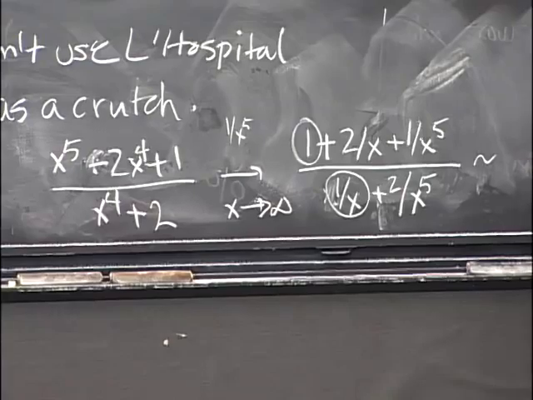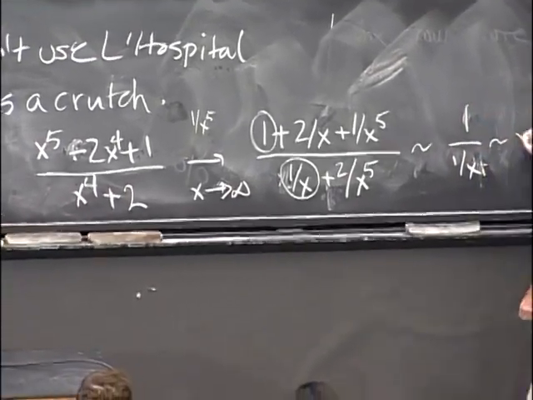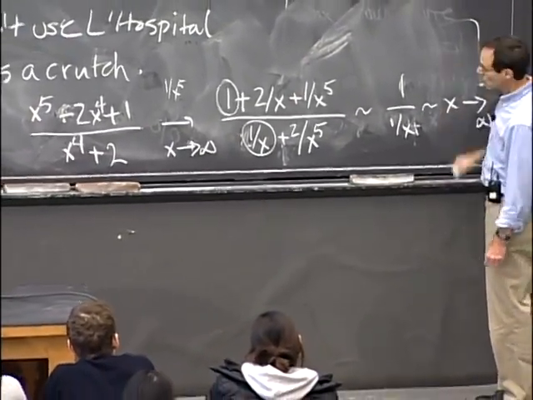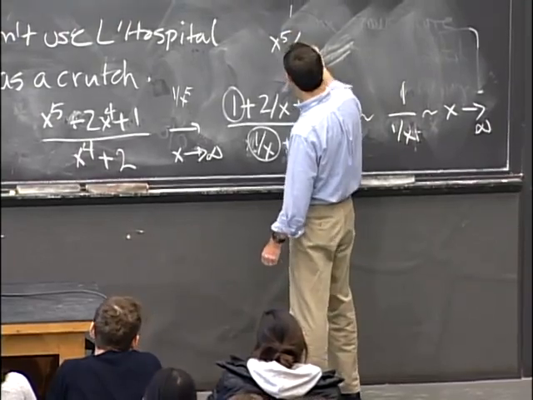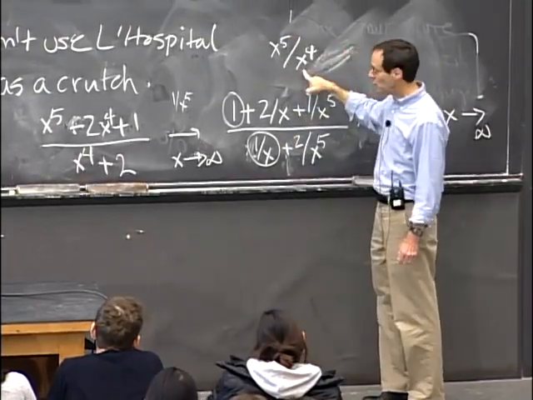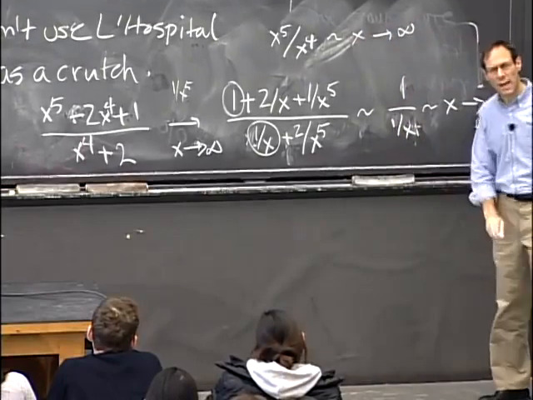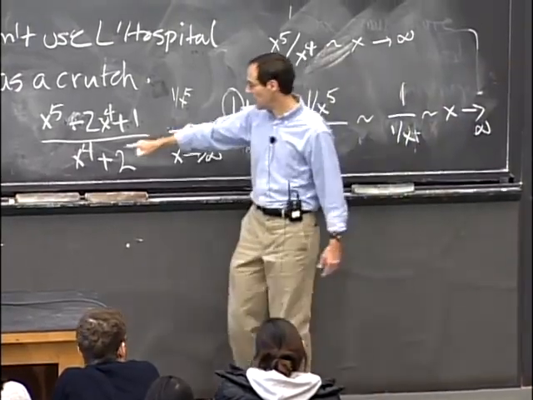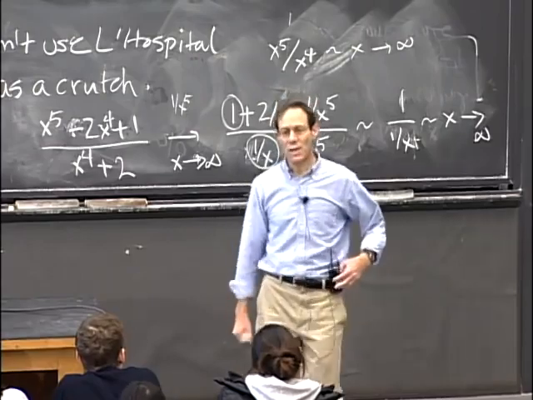And it's the same as 1 over 1 over x, which is the same as x, and it goes to infinity as x goes to infinity. Or if you like, much more simply, just x to the 5th over x to the 4th is the main term, which is x, which goes to infinity. So don't forget your basic algebra when you're doing this kind of stuff. Use these things and don't use L'Hopital's rule. Okay, see you next time.